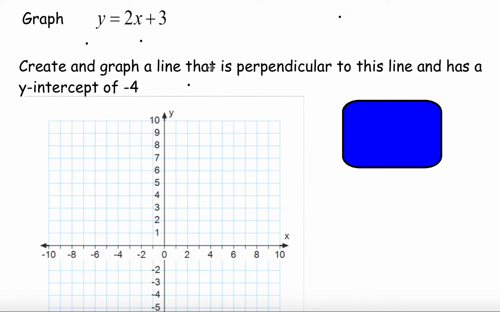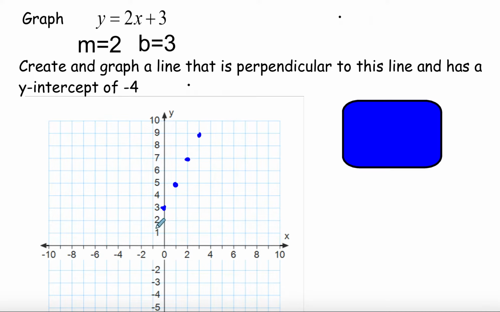Last one. Now this question's a little bit more tricky. I always find that people struggle with perpendicular lines because you have to remember that negative reciprocal thing. So again, we've got this same graph. We've got a y-intercept of 3, slope of 2, starts there, goes like this.